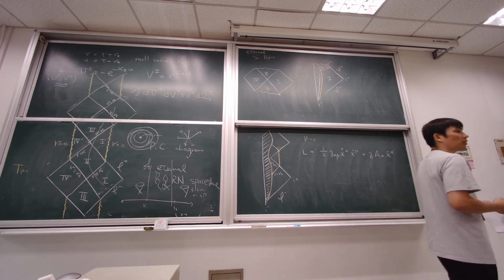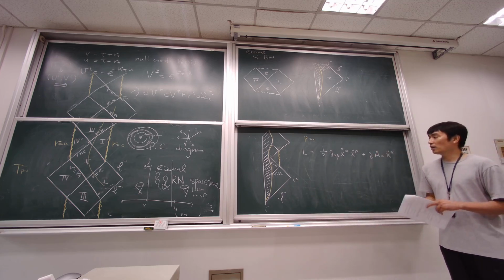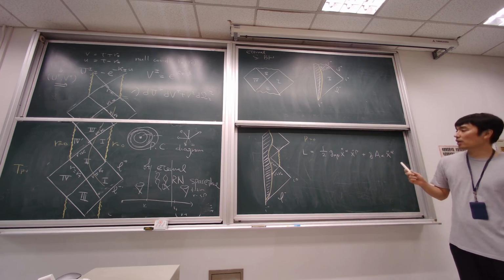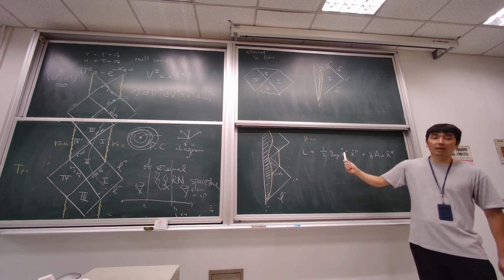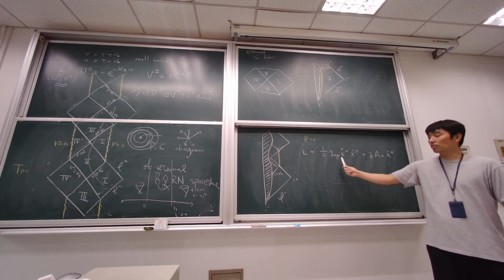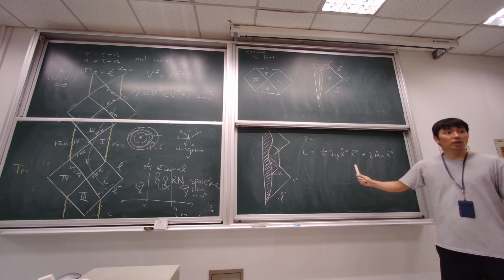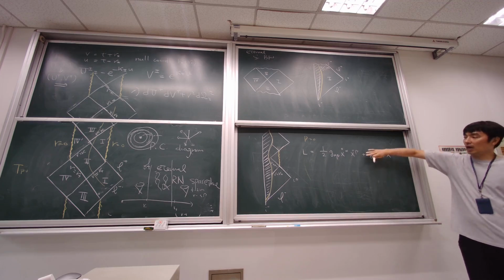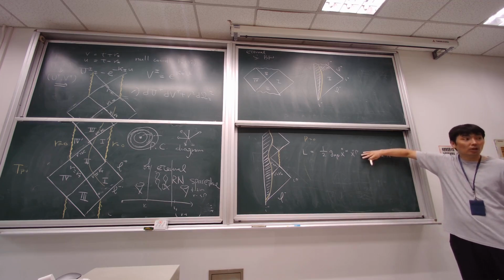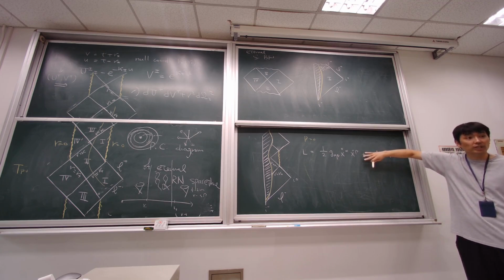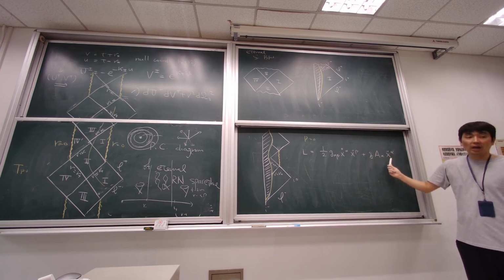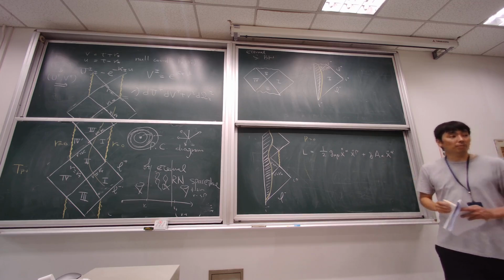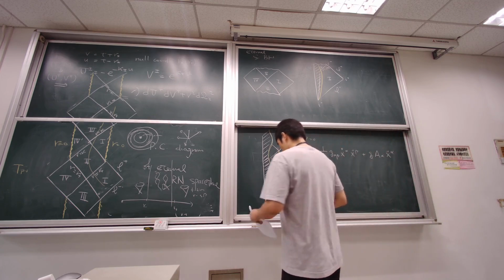We have to solve the Euler-Lagrange equation for this. g alpha beta is the Reissner-Nordstrom metric here. If you had only this first term, the Euler-Lagrange equation would just be the geodesic equation. However, here you have electric interaction, so I have to solve this equation. And what's going to happen? Let's do that.